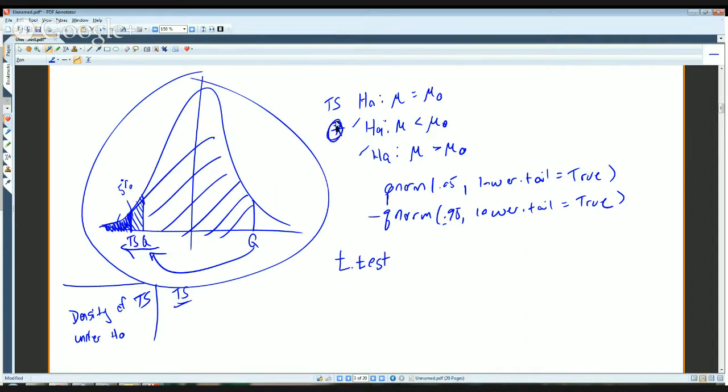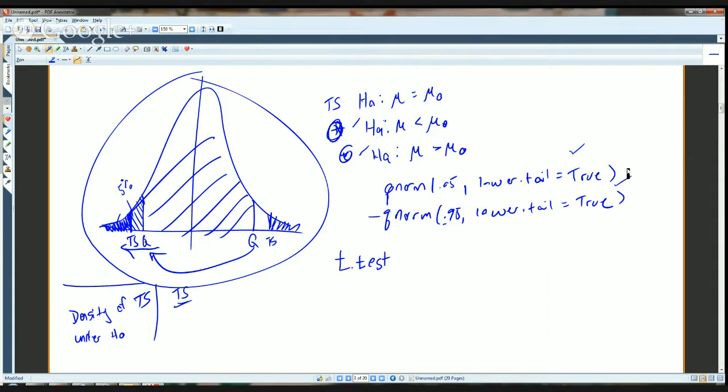If you're testing this hypothesis, you find the probability of being higher than it. And if you're doing the two-sided one, you take the smaller of those two and multiply it by 2. There again, you have to be careful about lower tail or upper tail, but a little bit of error checking while you're doing this usually corrects those little mistakes.